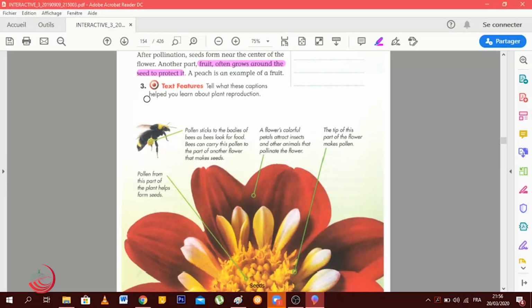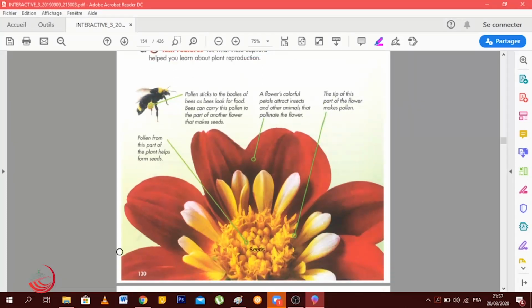So let's go to number 3, text features. Tell what these captions help you learn about plant reproduction. So let's read these captions. First, pollen from this part of the plant helps form the seeds. So the pollen, which is this powder, helps in forming the seeds.